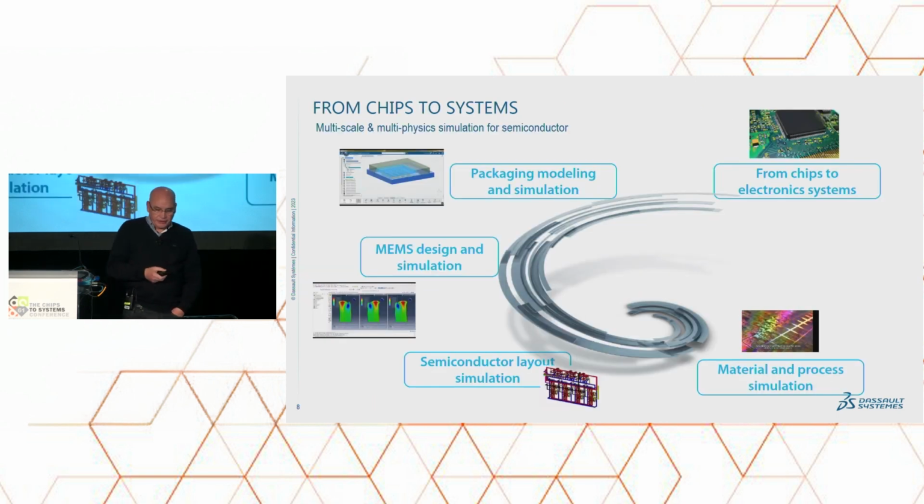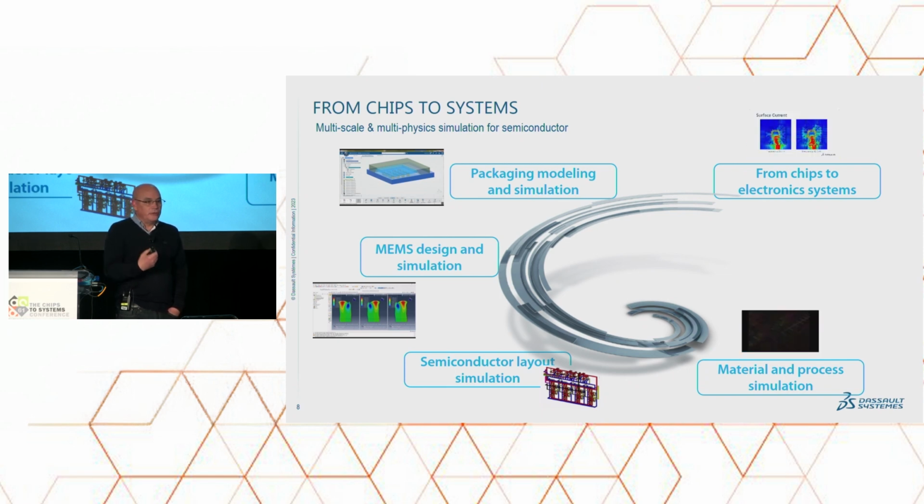Another example here is the idea to start with materials and process simulation at the molecular level. Then you go to the layout and you verify and simulate the layout.